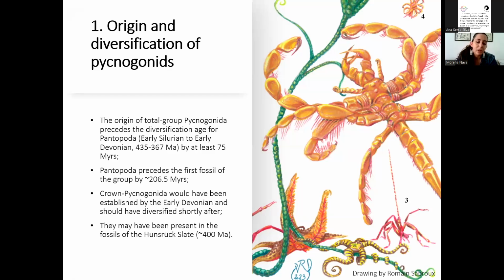And we can see that the origin of the pycnogonid total group is more or less 100 million years before that of the order of pantopods, but at least we can say 75 million years. And that the first fossil of pantopods appeared more or less 200 million years after the estimation we have for pantopods' age. And considering this, we were wondering why there are no more ancient fossils of pantopods.